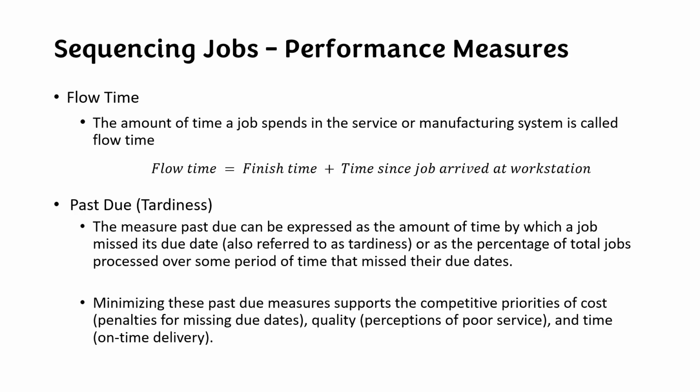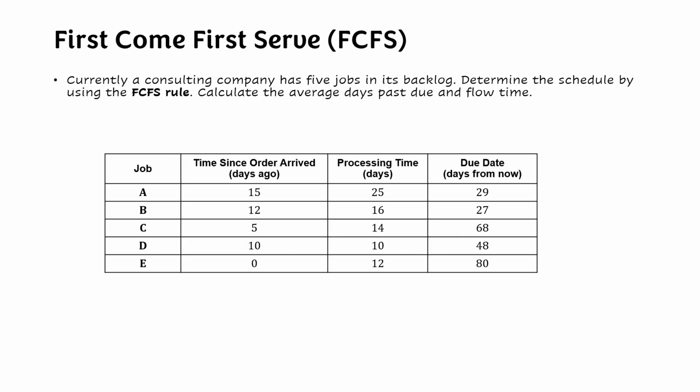Now let's discuss this first come, first serve rule with an example. In this example, we have 5 jobs and we are required to sequence these jobs according to the first come, first serve rule. Once we arrange the jobs, we will calculate average days past due and average flow time.